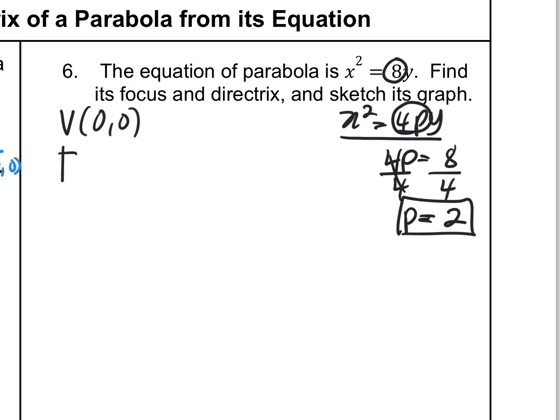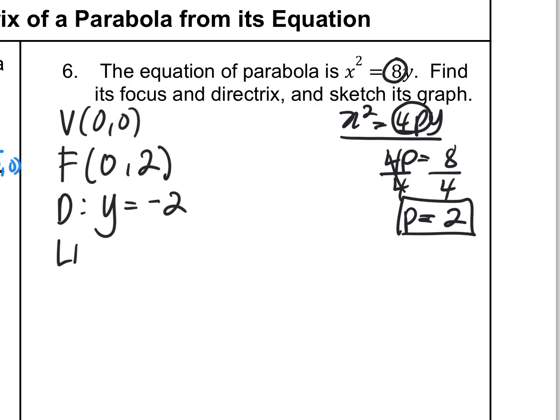That's gonna tell me that my focus is going to be located at 0, 2. And my directrix is going to be located at y is equal to negative 2. My latus rectum coordinates will be plus or minus 2p and then p.